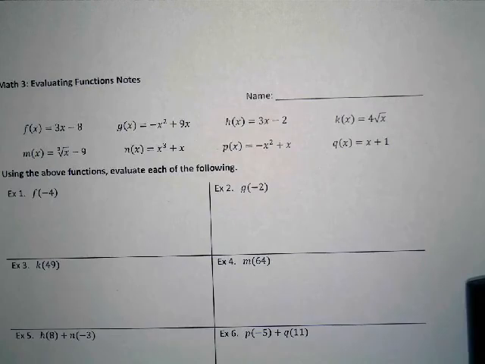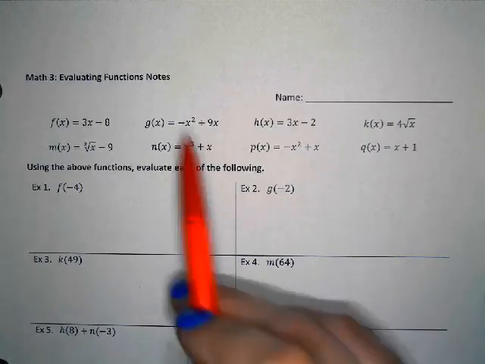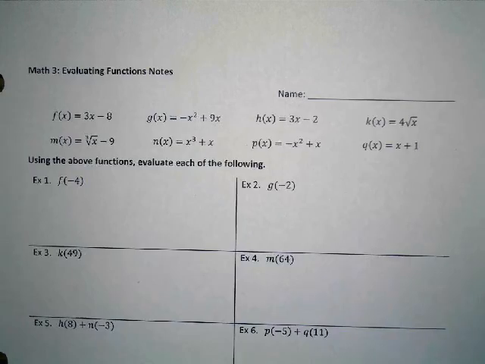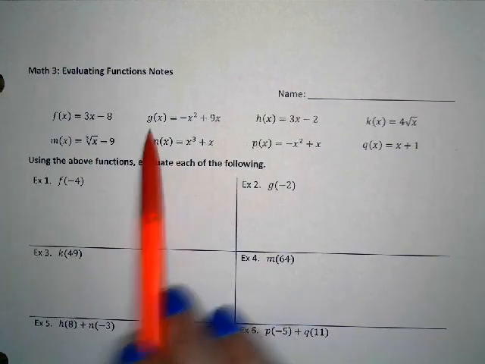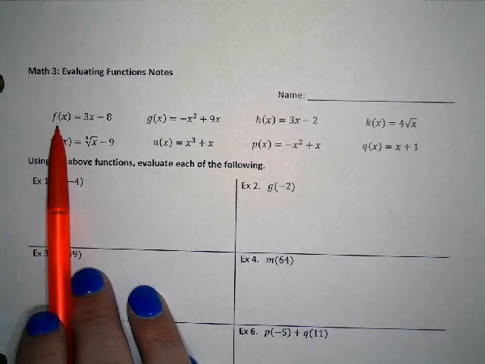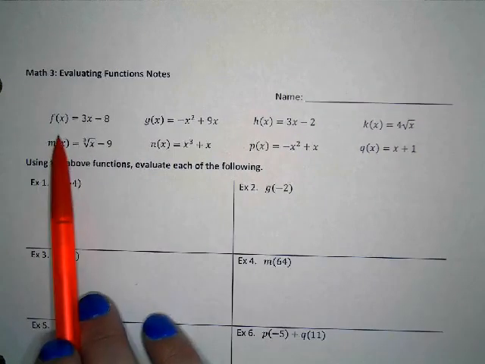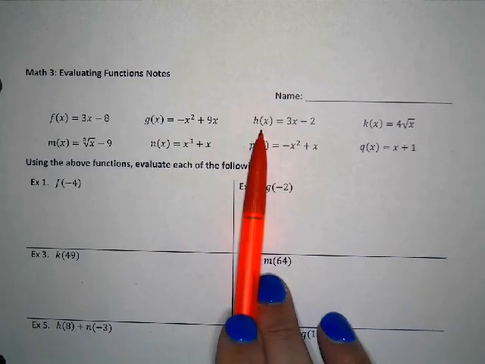All right. So we're going to evaluate functions, which means you plug numbers into the different functions, and I've used different letters, and that way you can kind of tell what they are, similar to how you guys are students who have different names. So this function is called f, this function is called g, this function is called h, this function is called k.